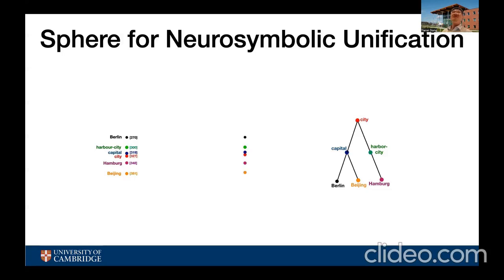Sometimes we need to create this in higher dimension, because the training data has bias, and there are some problems if we create the tree sphere embedding in the same dimension as the pre-trained vectors.